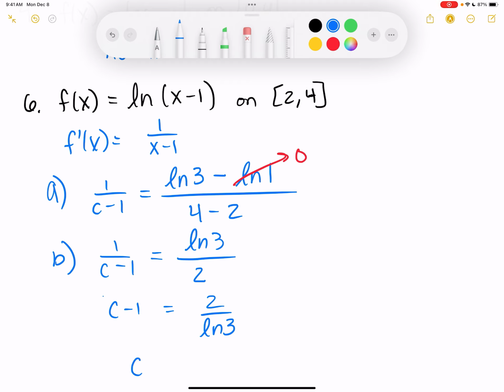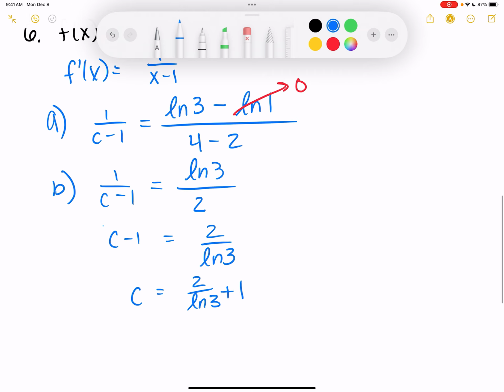Then add the 1: c equals 2 over the ln of 3, plus 1. If you don't have your calculator, that's pretty much your only option, but this is equal to 2.82. Because obviously on the exam, some questions you'll have your calculator and some you won't, so it just depends how they give it to you.